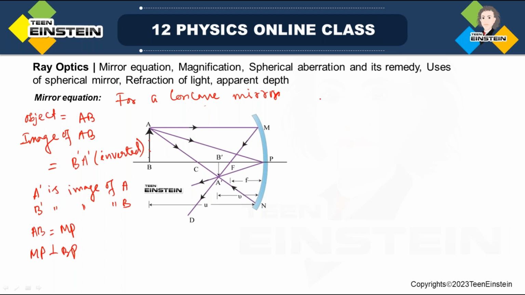There are two right angle triangles I'll consider: the triangle B prime A prime F and M F P. These are two triangles. Look, these triangles are actually similar triangles.